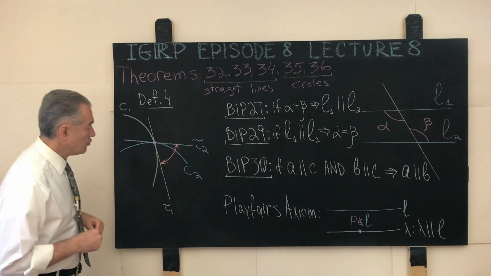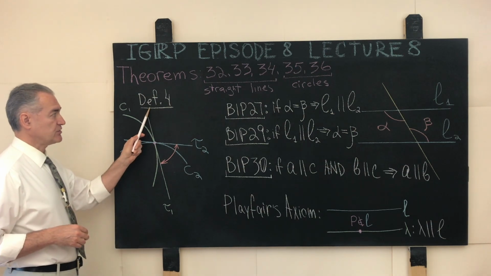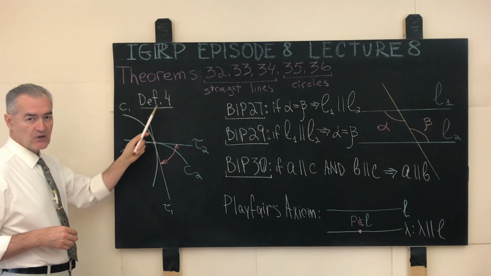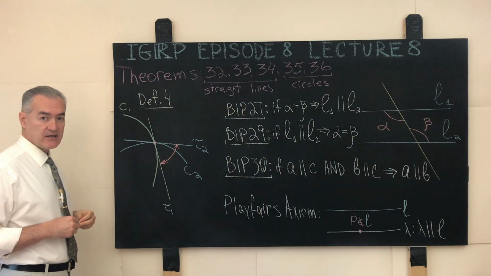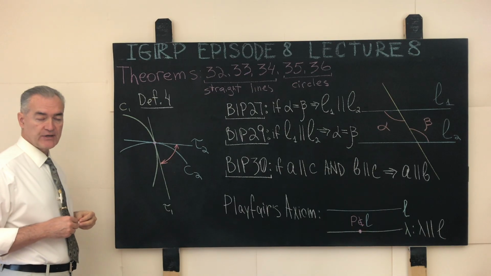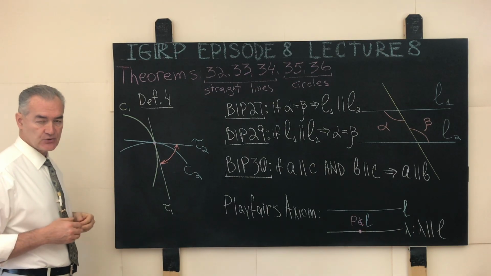That is so because according to our definition number 4, we will define the angle between any 2 cooperating planar curves as follows.